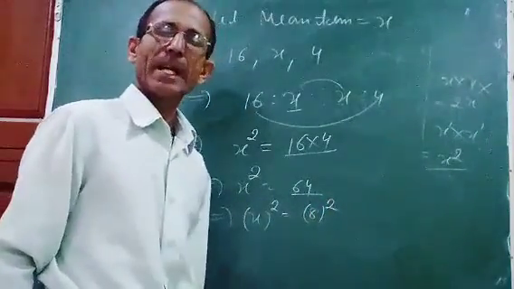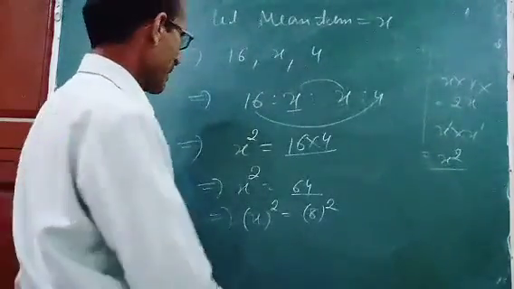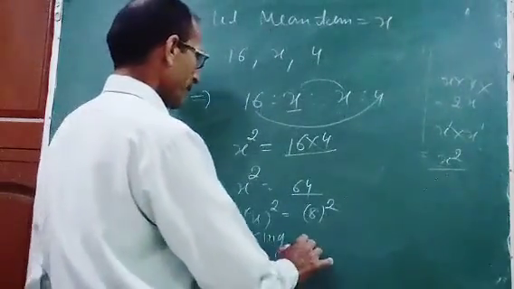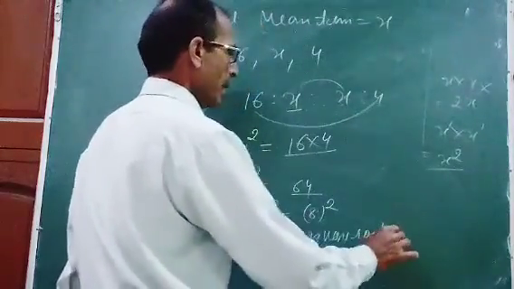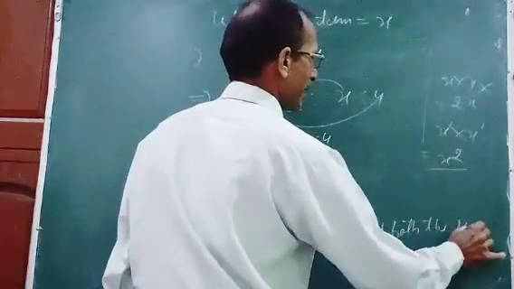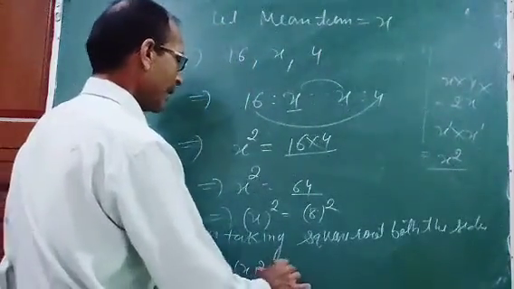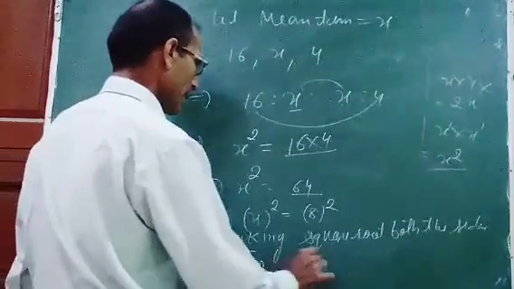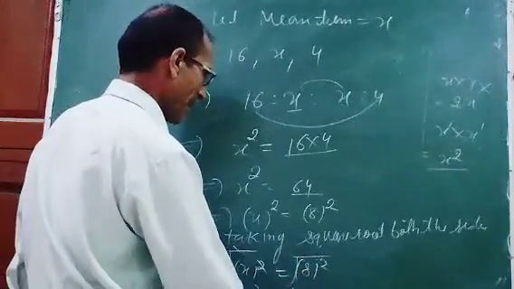Both sides we have squares. Now to remove the square, take the square root on both sides. So x square equals 8 square. The square cancels with the square root, so x is equal to plus minus 8.